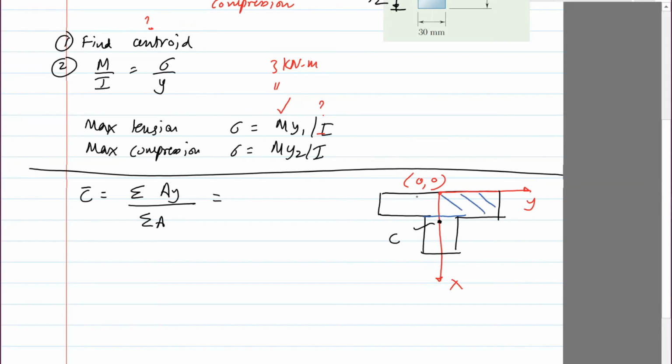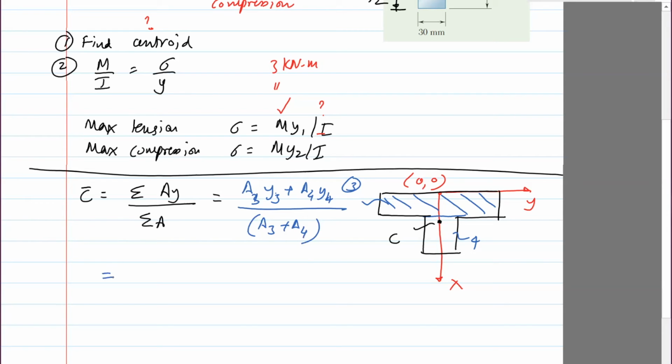One is this. So that's, let's say, A1, and then find its centroid. I'm going to use a different notation. I already used 1 and 2, so let me use 3 and 4. So A3 Y3 plus A4 Y4 divided by A3 plus A4.